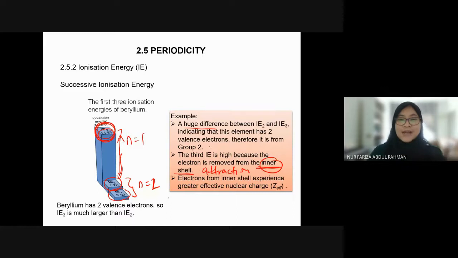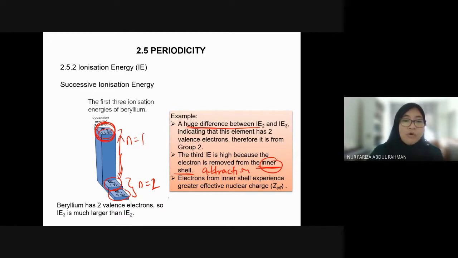Okay, you pun pergi cakap because there is a huge difference between IE2 and IE3. For example, okay, with respect to this question, with respect to this information given, you mentioned a huge difference of IE1, IE2 and IE3, indicating the valence electron is 2.